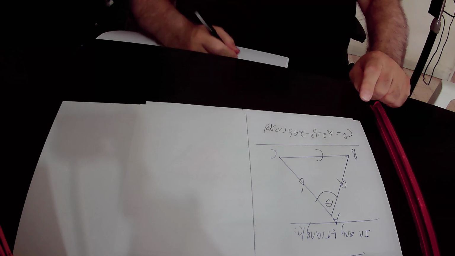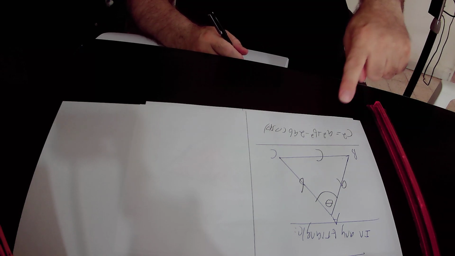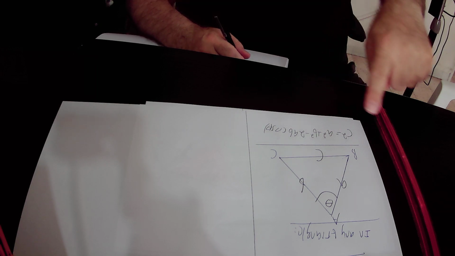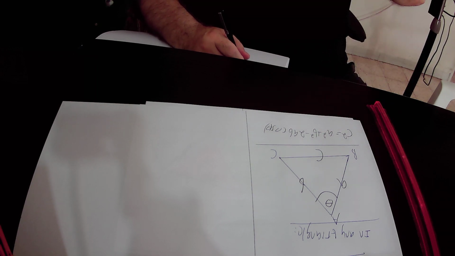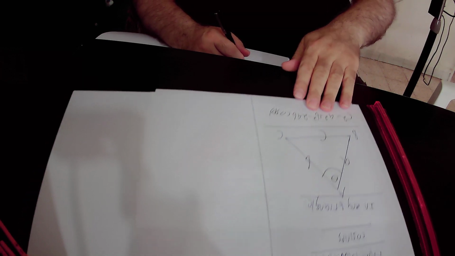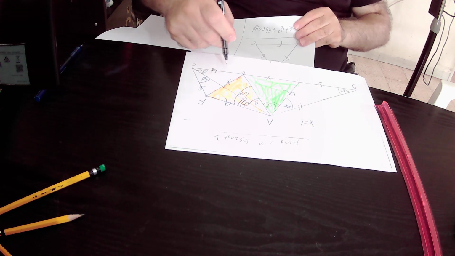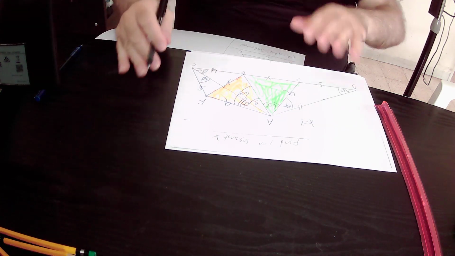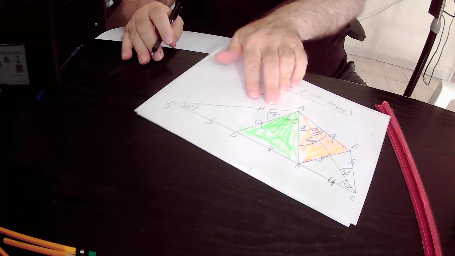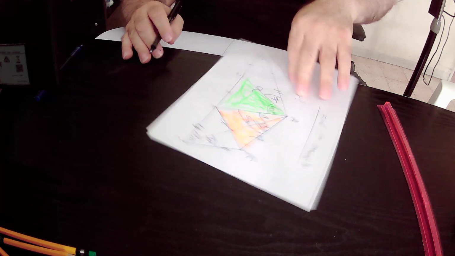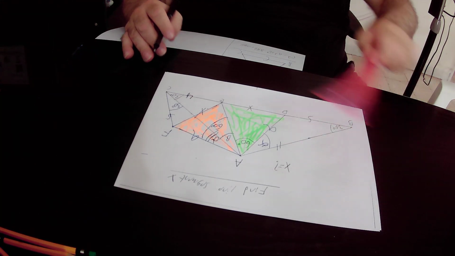I repeat again, in triangle ABC that could be any triangle, C squared equals A squared plus B squared minus 2AB cosine theta. So we will implement the law of cosines in triangle EFC. I copy triangle EFC on this page and we'll implement the law of cosines in this triangle.